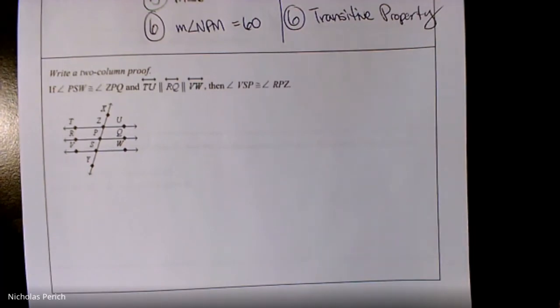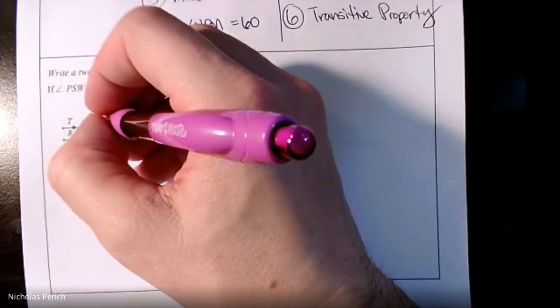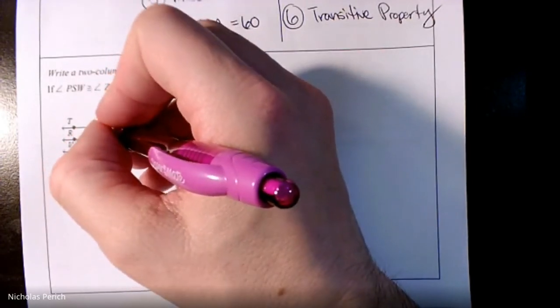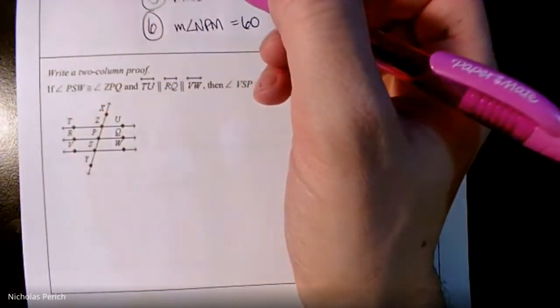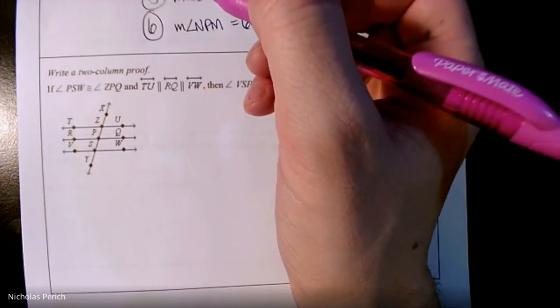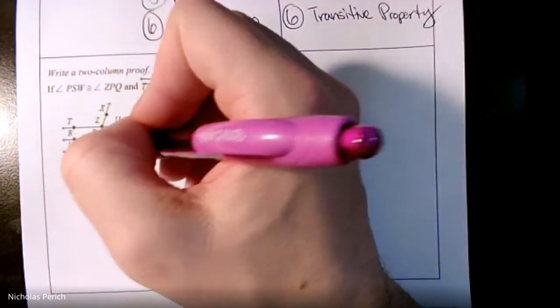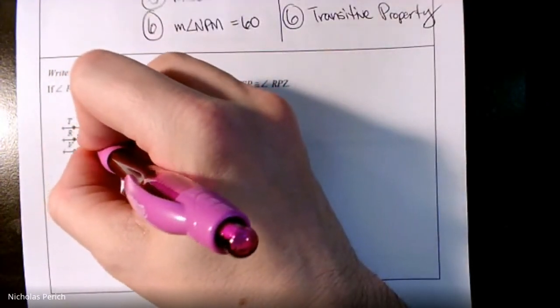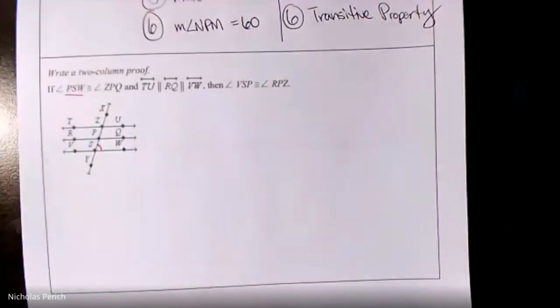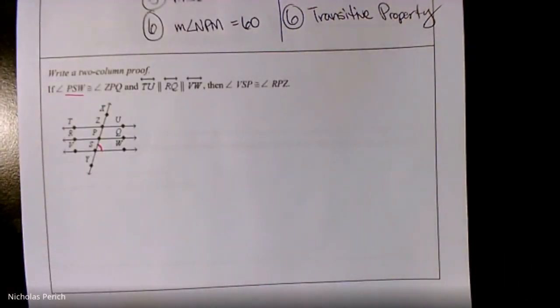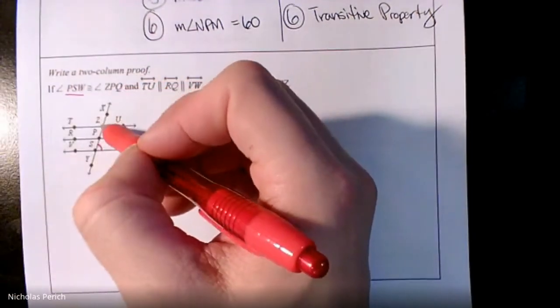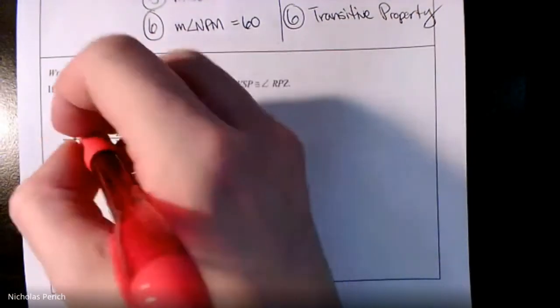If angle PSW, where's PSW? I guess that's P, that's S, and that's W, so angle PSW is congruent to ZPQ.